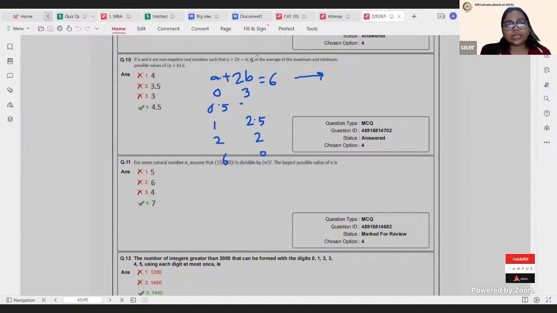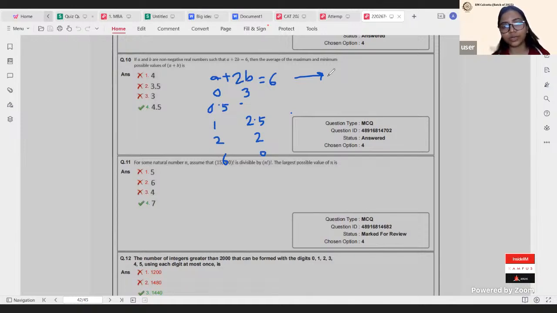So we can see that as I'm increasing the values of a, the value of a plus b also is increasing, right? So like this was 3 in this case, 4.5 in this case, 3.5 in this case, 4 in this case, finally 6. So if I have to find the maximum and minimum values of a plus b, then in that case, we'll have to put minimum value of a in order to have the minimum value of a plus b, and vice versa, right?